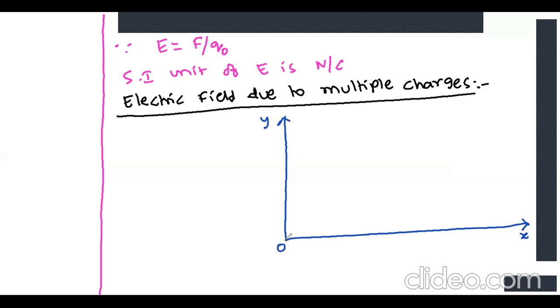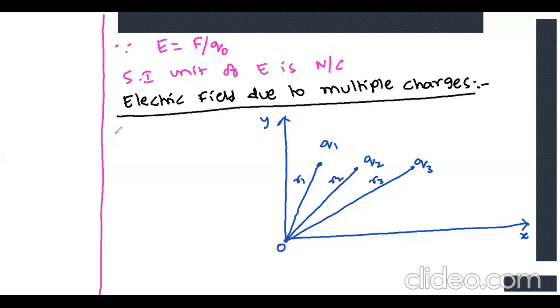This is origin. With respect to origin, a charge Q1 is placed at a distance R1 and another charge Q2 is placed at R2, and Q3 at R3. I am considering three charges which are placed at R1, R2 and R3 distance with respect to origin.